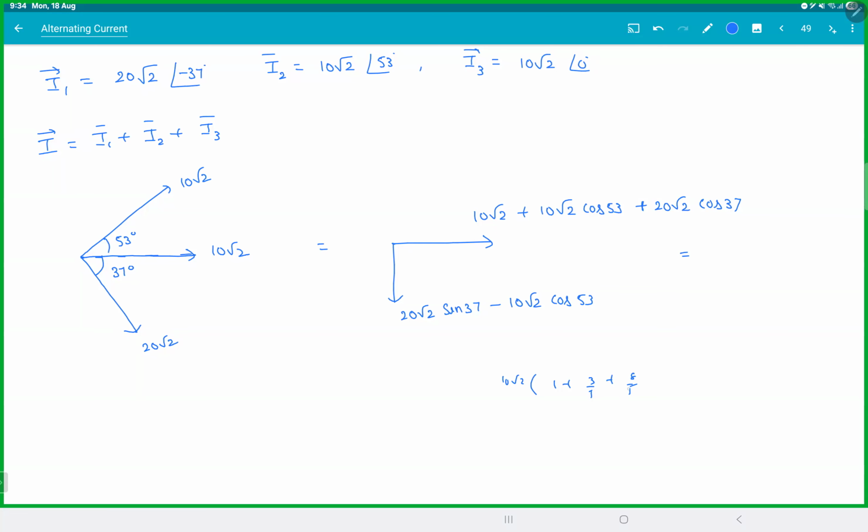That would be 10, that's 12 plus 3 by 5 plus, 11 by 5, 11 plus 16, 16 to 32 root 2. How much is this one? Take out 10 root 2 common, 6 by 5 minus 3 by 5.